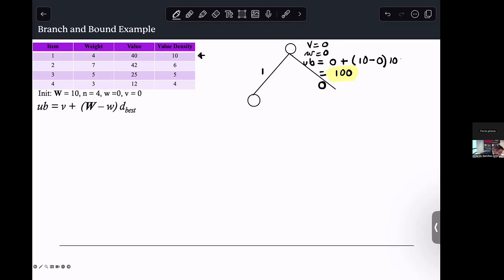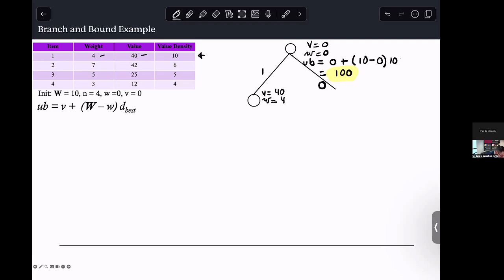And if I choose to pick the item 1, then the value is going to be updated because it's going to be the 0 plus the value of item 1, which is this one, 40. The weight is going to be what we had, which is 0, plus the weight of item 1, which is 4.